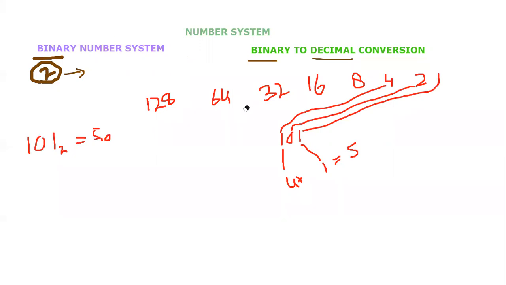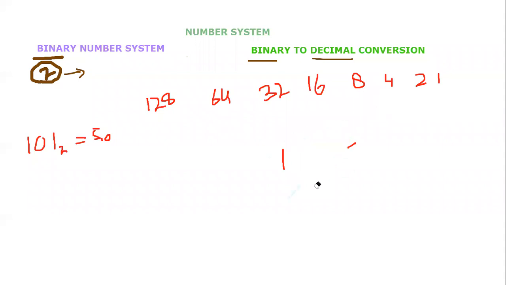Similarly, you can use another example. This is a very interesting example because we will be using it in hexadecimal format as well: 1100. This is a 4-bit example. This is the one's position, this is 2, this is 4, and this is 8.